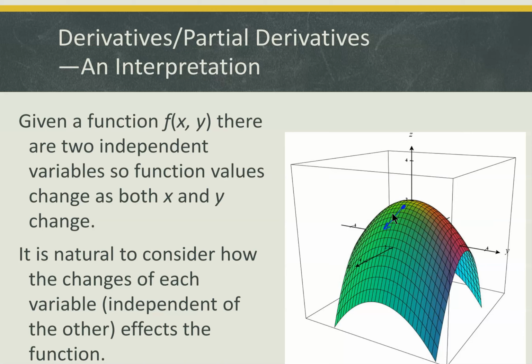I could also consider what is the rate of change in the function in the direction of the y-axis, or in the y direction. So with a function of two variables, x and y, there are two natural directions that we might want to consider for rates of change.